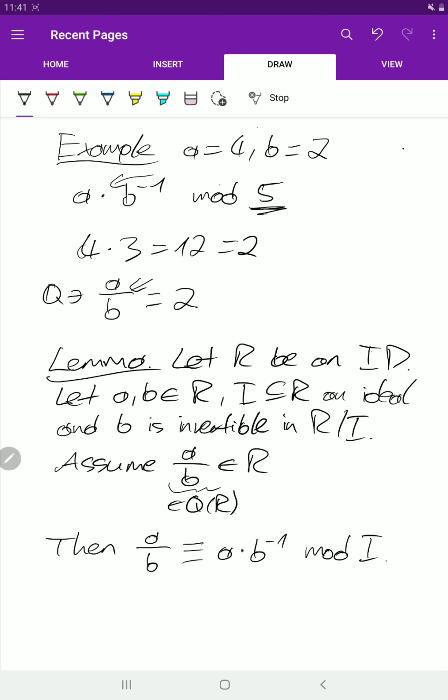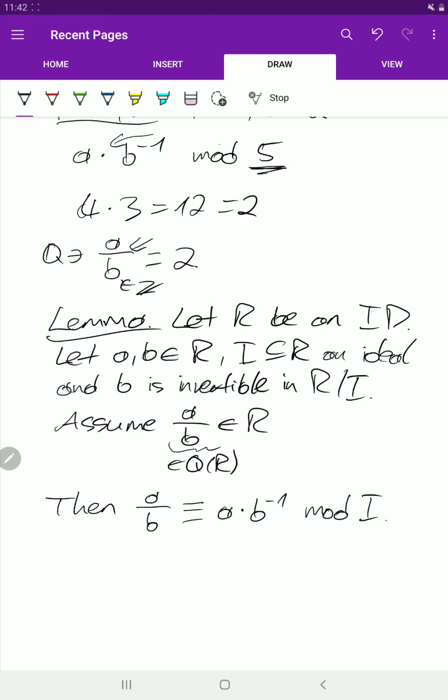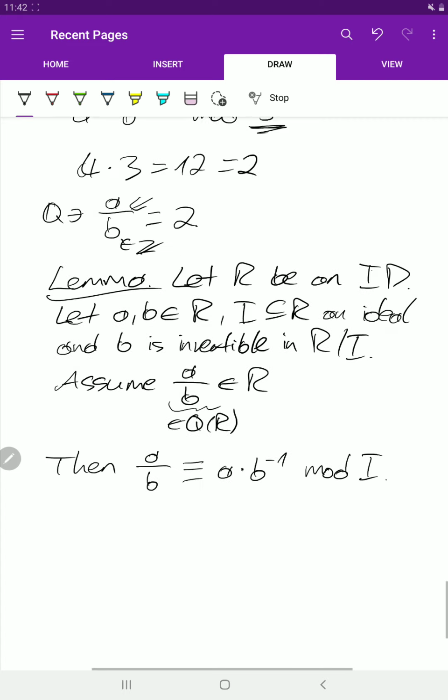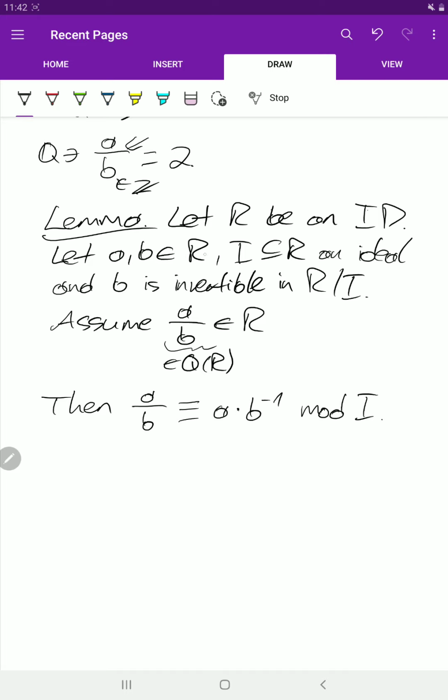So let's see in our example. A divided by B is also in the integers. So we have that, and well, that's exactly the setting. And actually we want B to be non-zero, but we have this immediately because it's invertible in this ring.